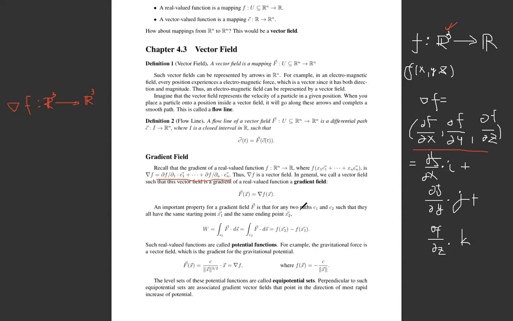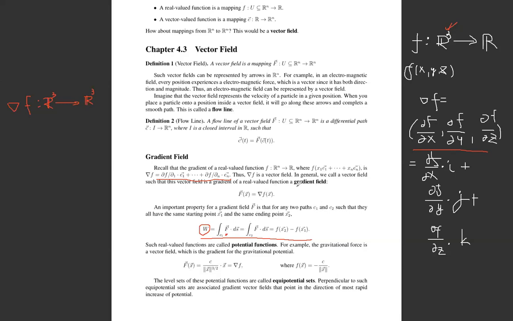Such a gradient field has a property that is hard to make sense of now unless you have some sort of vector analysis. All right. So the physical meaning behind this is that if the vector field represents a force, such a line integral is called the work done by this force along the path.